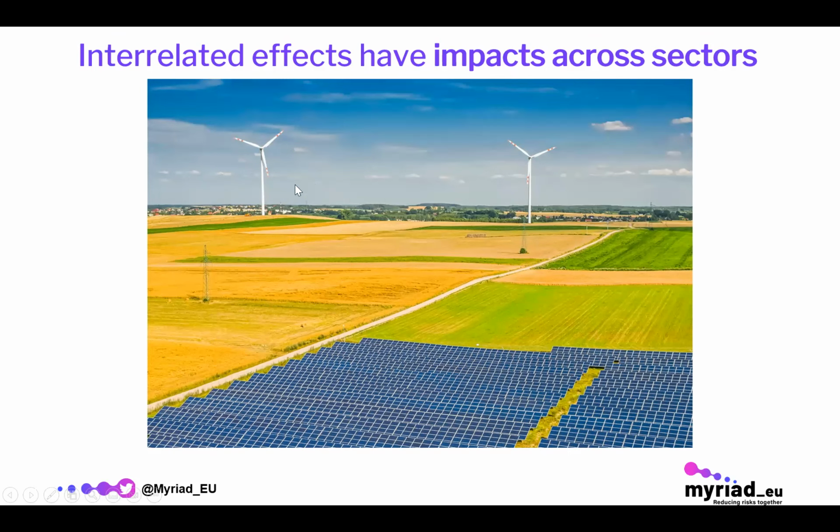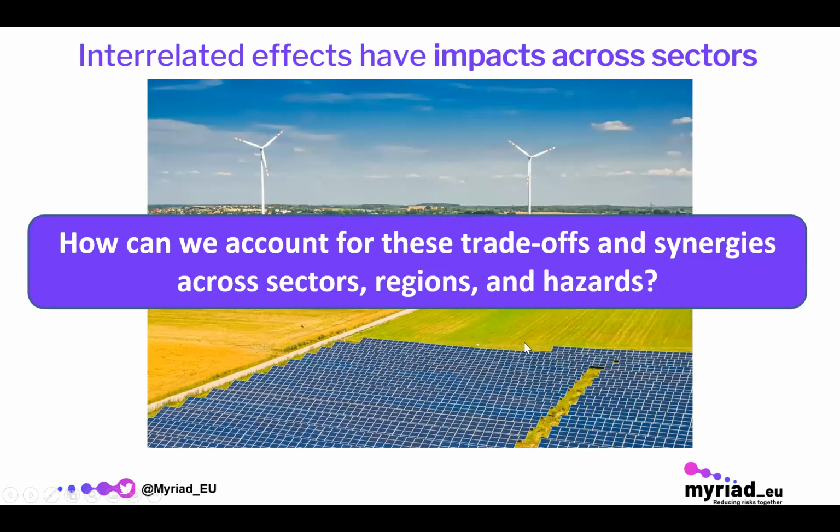We see housing in the background, agriculture in the foreground, and also energy with these windmills and also the solar panels. And all of these things are competing for space. And if you take one measure to protect against the hazard, it will have different impacts on those different sectors. So we also want to look at how we can account for these trade-offs and synergies, not only across regions and hazards, but also across these different kinds of sectors.